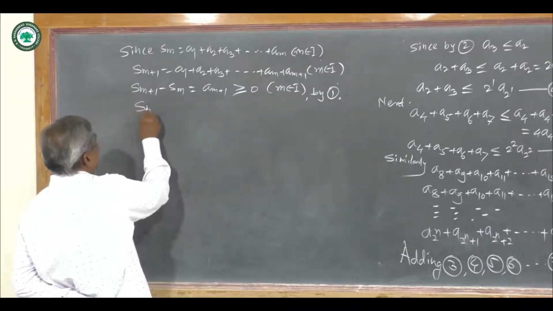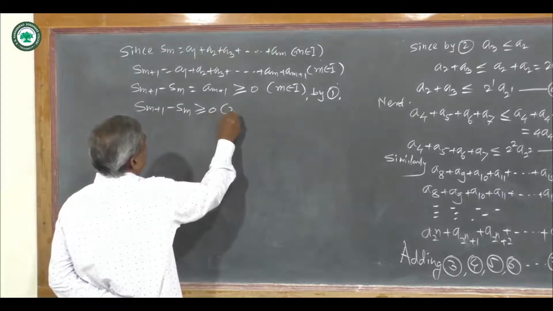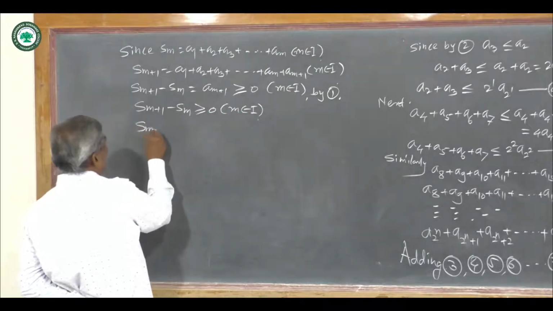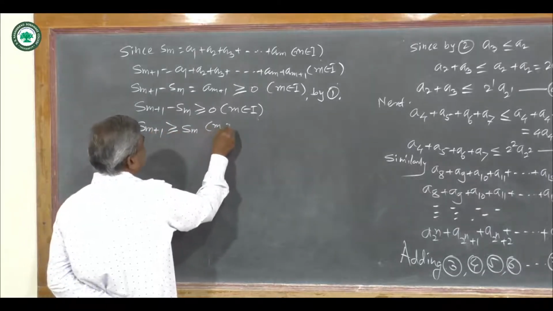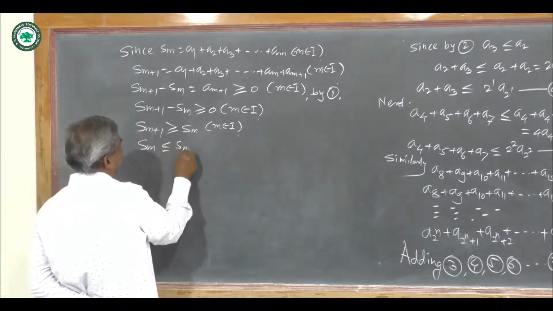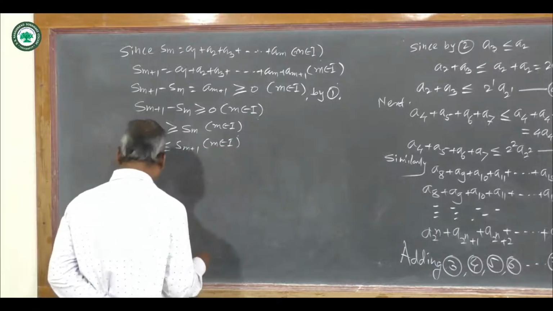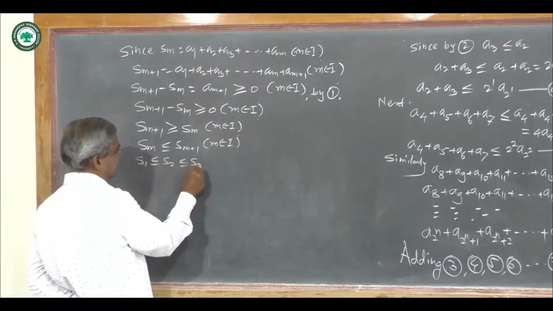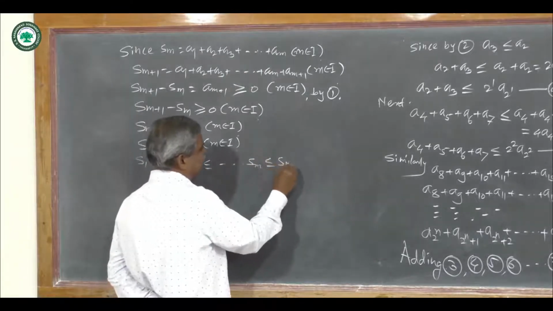So S_(m+1) minus S_m is greater than or equal to 0, that is, S_(m+1) is greater than or equal to S_m. That is, S_m is less than or equal to S_(m+1) for every m belongs to I. That is, S1 is less than or equal to S2, S2 is less than or equal to S3, and so on.